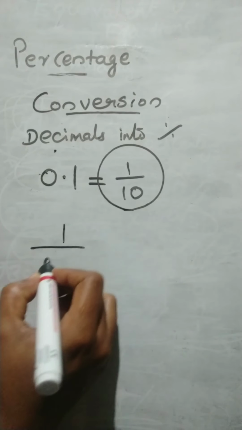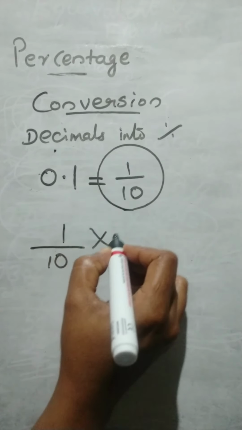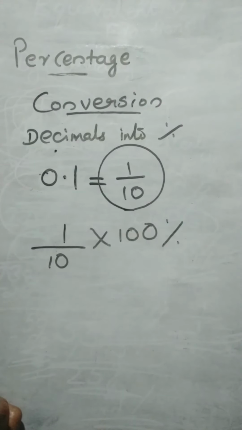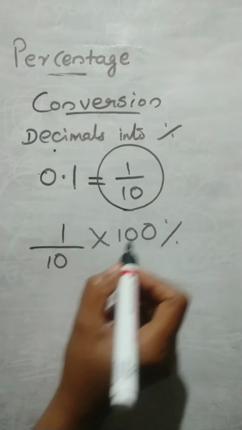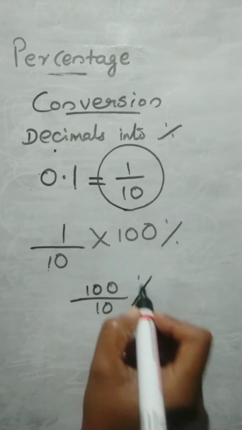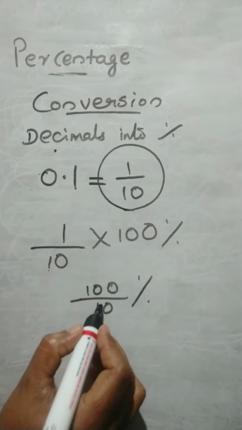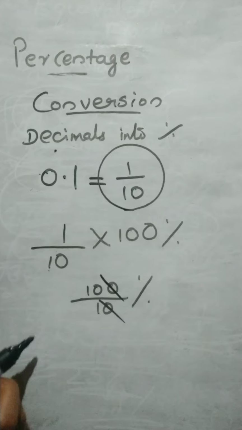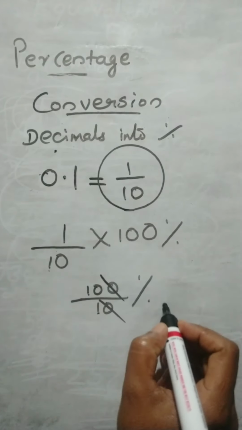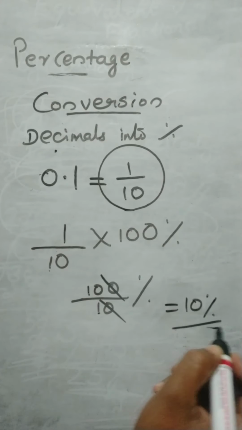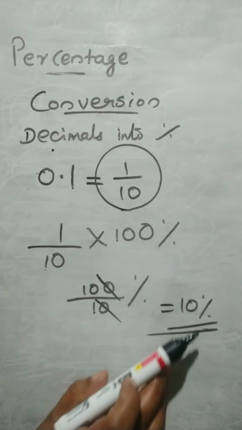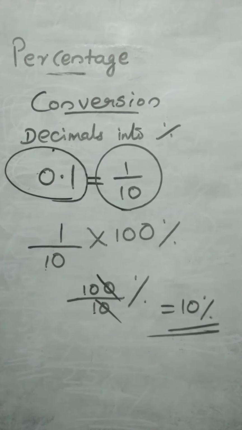What is the step? 1 on 10 we have to multiply by 100%. Okay. So 1 times 100, 100 itself. 100 on 10%. Symbol will be there. So cut this 0 and this 0. So 10 on 1 is equal to 10 itself. So we can write 10% is the equivalent percentage of 0.1.